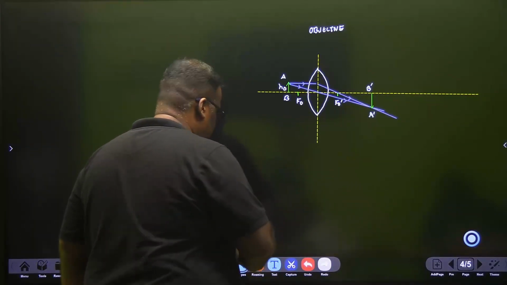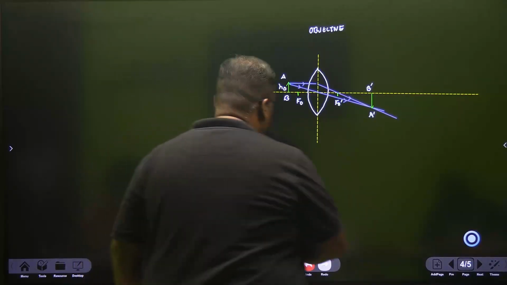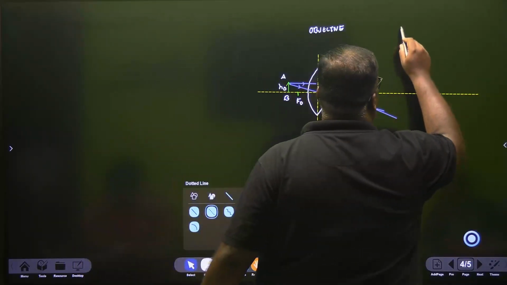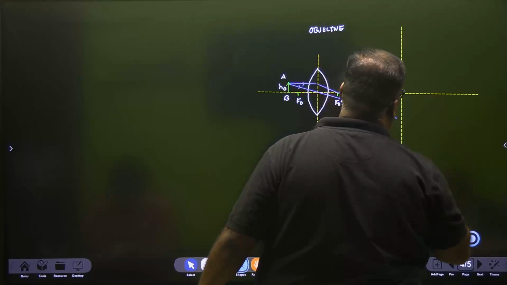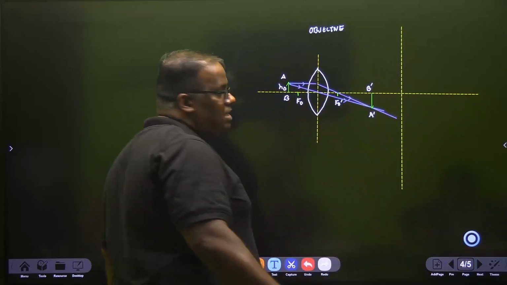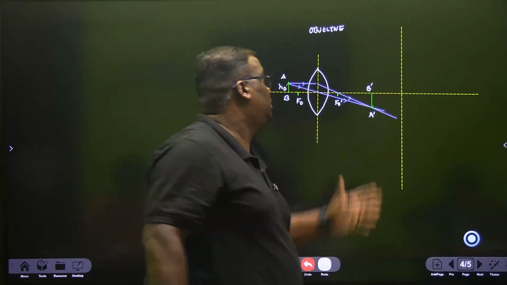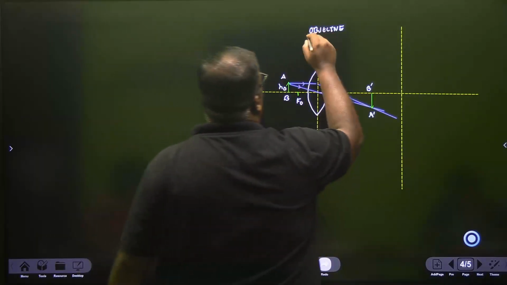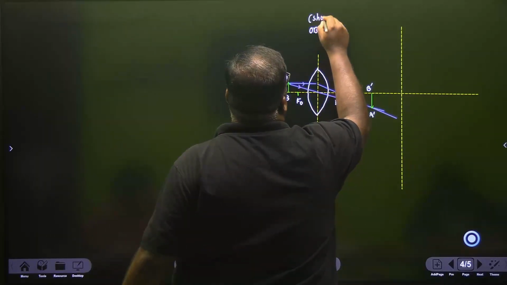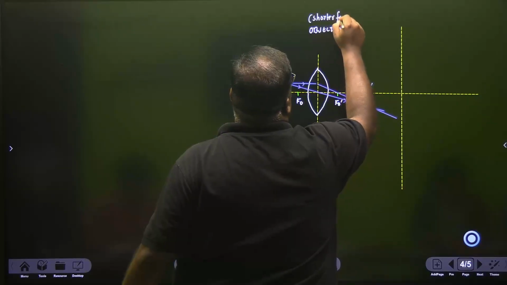This now creates the scenario for my second lens. My second lens would be here. And my second lens is such that it will have a larger focal length. The objective will have shorter focal length.